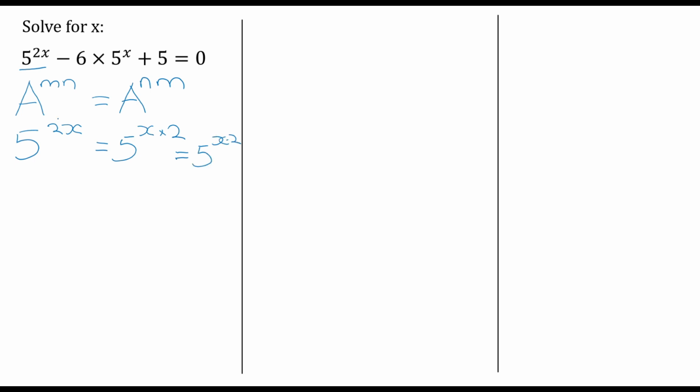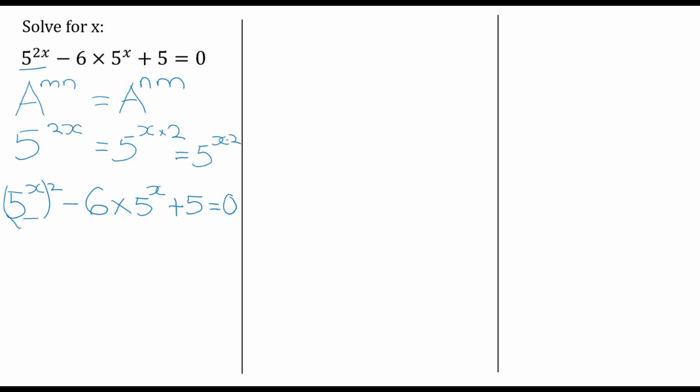In other words, if you are to rewrite this into the equation, you'll have 5 to power x, squared, subtract 6 multiplied by 5 to power x, plus 5 is equal to 0.